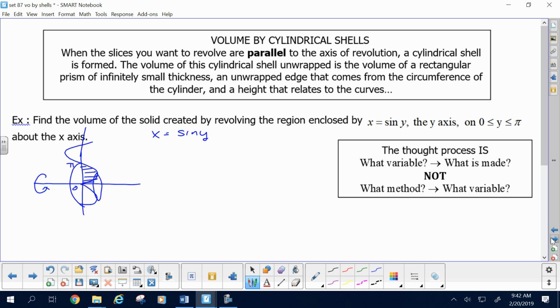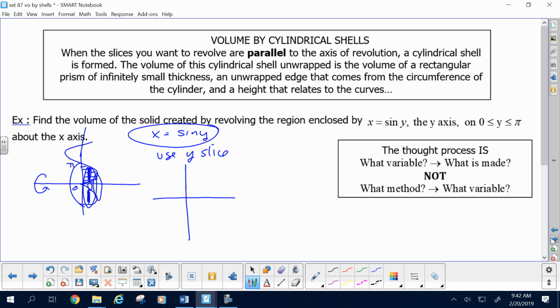Now the question is, what about the variable? If I used a slice like that, it would be awesome in x, but the problem is that the equation's not in x terms. We probably want to use a y slice, yeah?